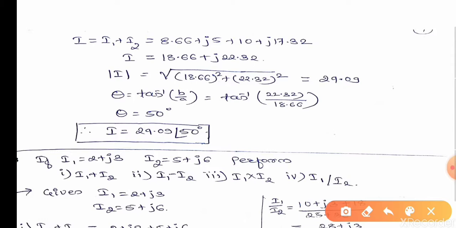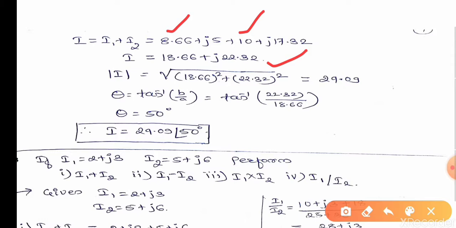While adding, first you should add the real terms, that is 8.66 plus 10, that is 18.66. Next you should add the imaginary terms, that is j5 plus 17.32, that is equal to j22.32. You will get the answer as I equal to 18.66 plus j22.32.